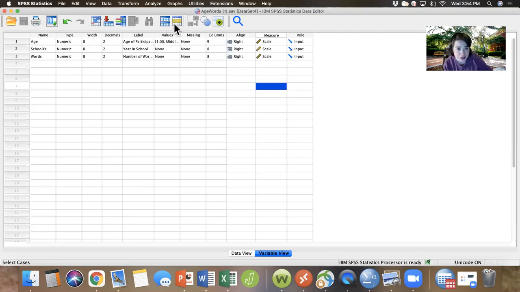So it looks like here, the way that they were dummy coded was a 1 stands in for middle schooler and a 2 stands in for undergraduate, right? So that's our categorical variable, or our independent variable. And then our continuous dependent variable is words, right? So the number of words recalled out of 30, right?